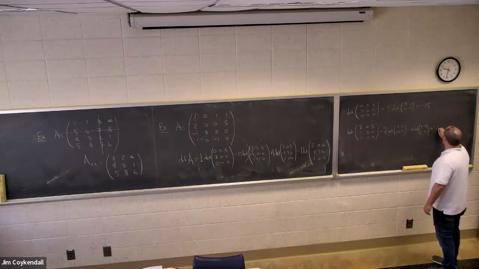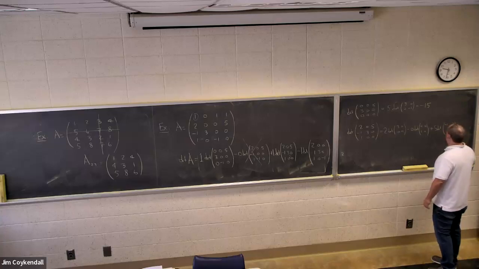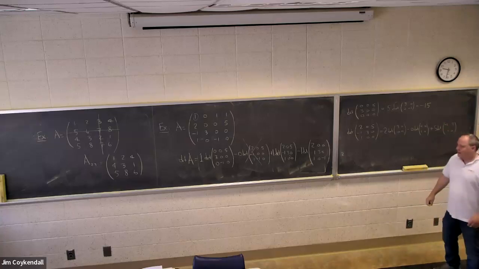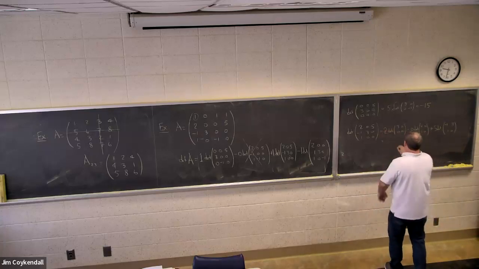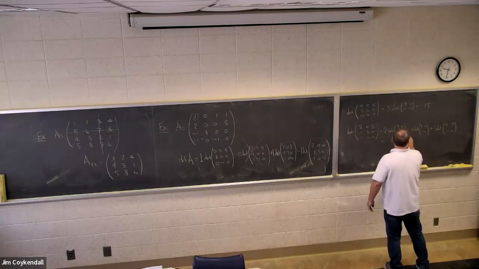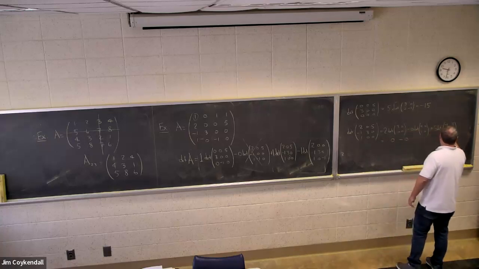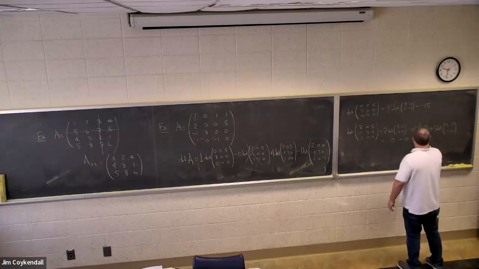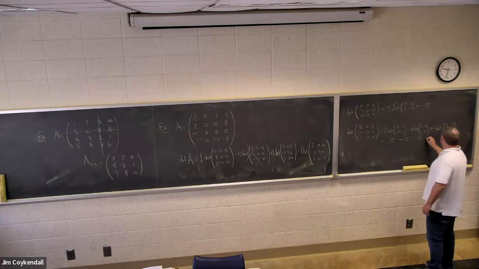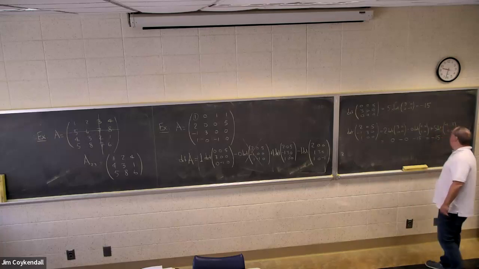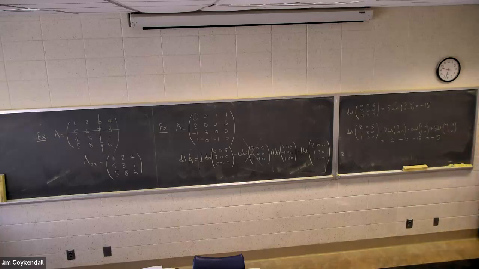Plus 5, determinant of minus 1, 3, 1, 0. This is 0, 0, and minus 15. Everybody agree with that? This is minus 15 also.